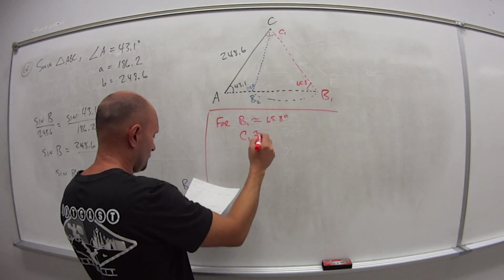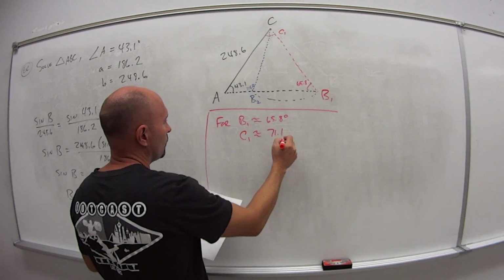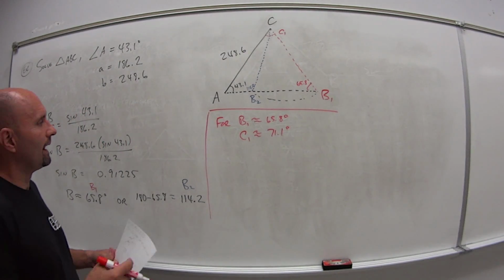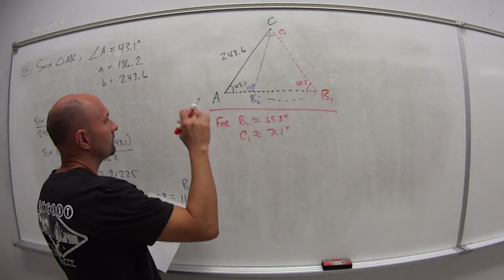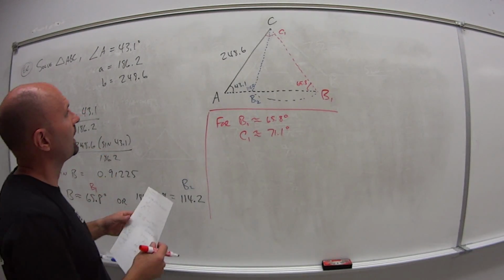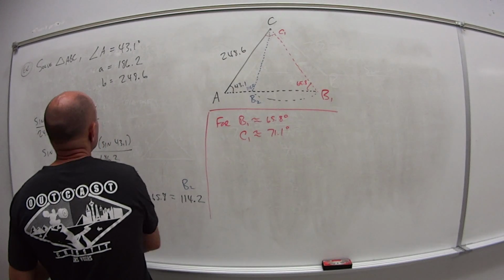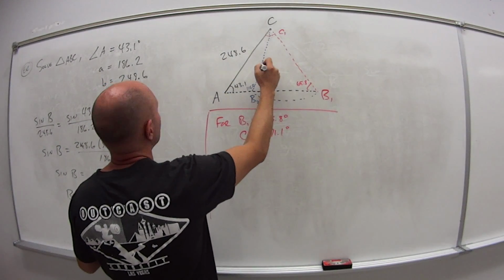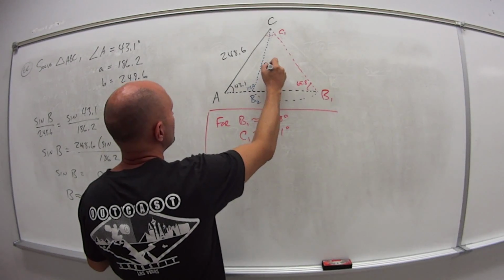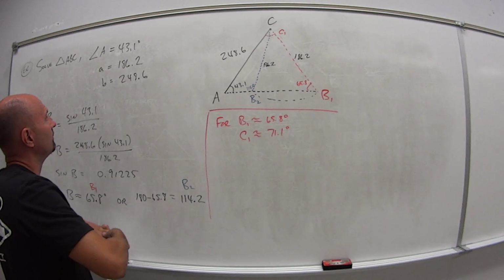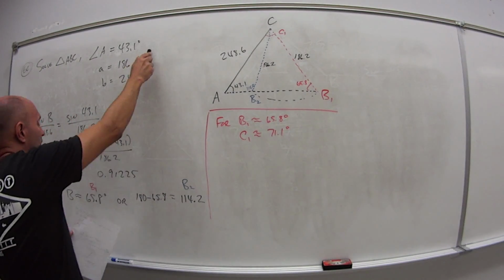So C1 would be about 71.1 degrees. Now using law of sines, again the information I was given, so side A, this one would be here. Side A is opposite A, so this is either 186.2 here or 186.2 there. That was given to me at the start of the problem.